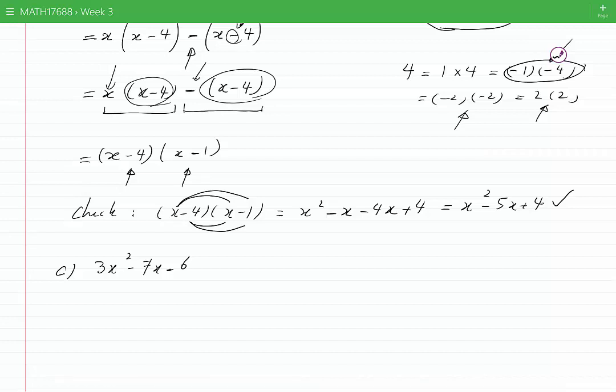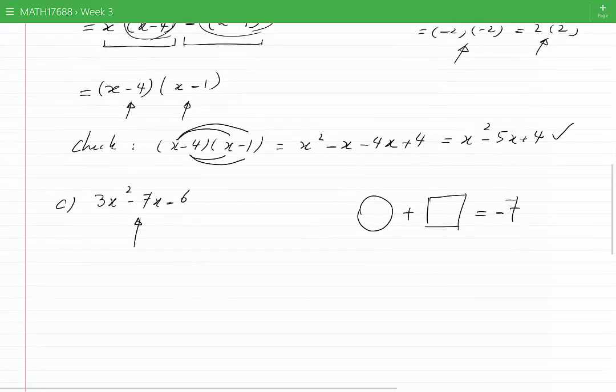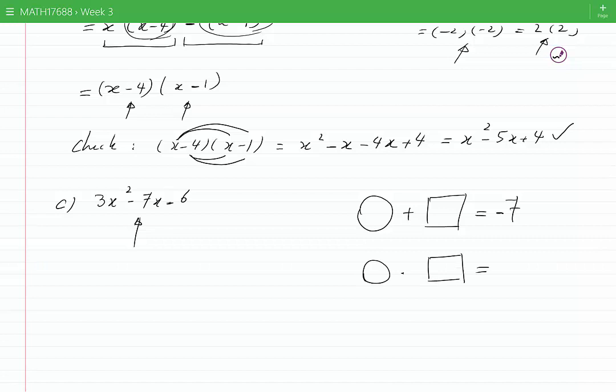Once the quadratic expression is in the standard form, as it is right now, in order to factor the expression, you would need to find two numbers that if you add them, you would get minus 7, which is the coefficient of x, and if you multiply them, you would get 3, which is the coefficient of the leading term, times minus 6, which is the constant term.